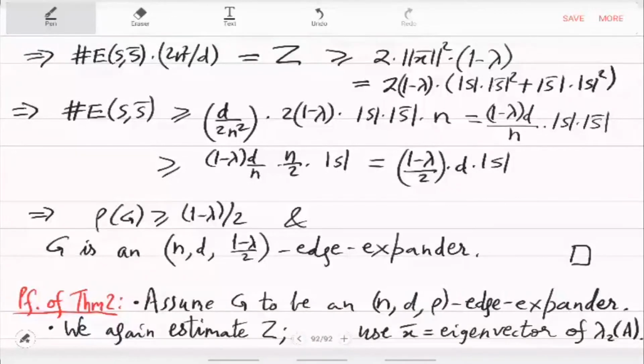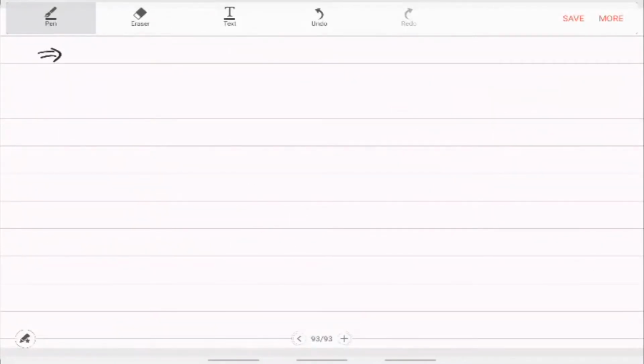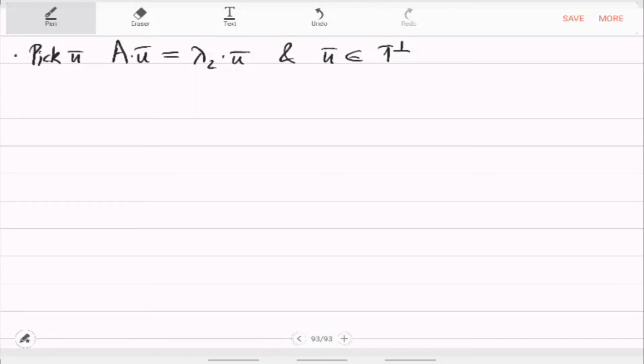So what you have is A times u bar is equal to lambda 2 times u bar, and you have that the eigenvector u bar is orthogonal to 1. In fact, let us take this as a definition. So pick a non-zero u bar such that this happens.